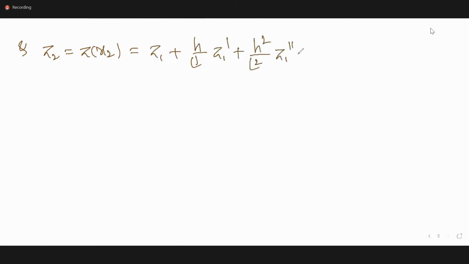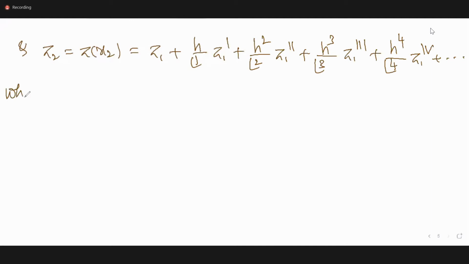And z2 is equal to z of x2 is equal to z1 plus h by 1 factorial z1 dash plus h square by 2 factorial z1 double dash plus h cube by 3 factorial z1 triple dash plus h power 4 by 4 factorial z1 fourth derivative plus so on.